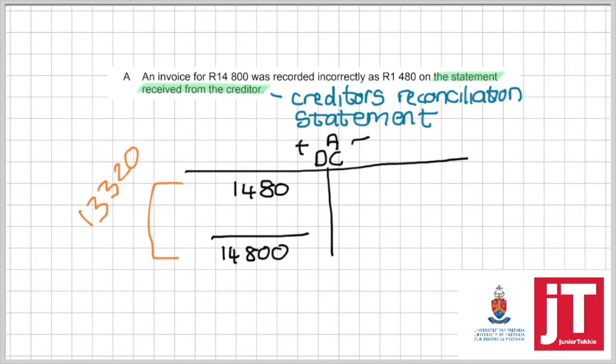So the $13,320 must be added to the debit side for it to be equal to $14,800. Please remember, we always need to show what effect this will have on the balance. If the debtors control account is debited, it means it will have a positive effect on the balance.